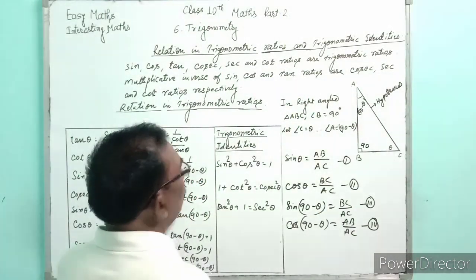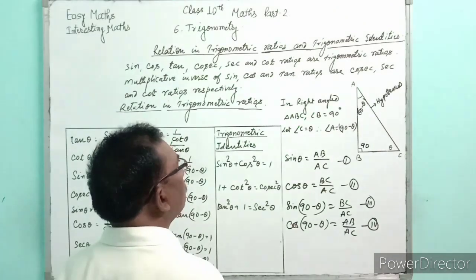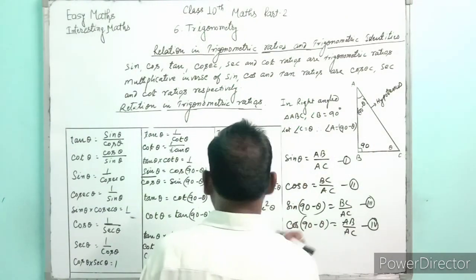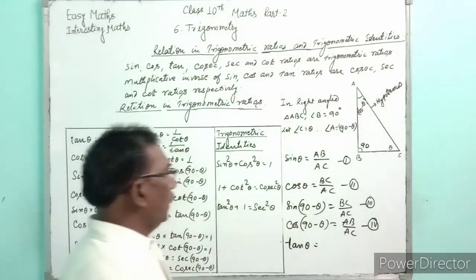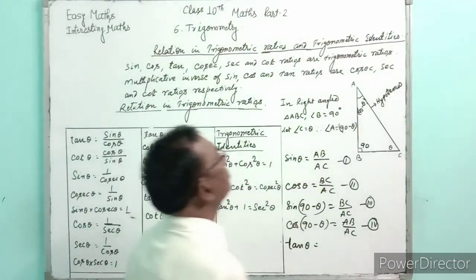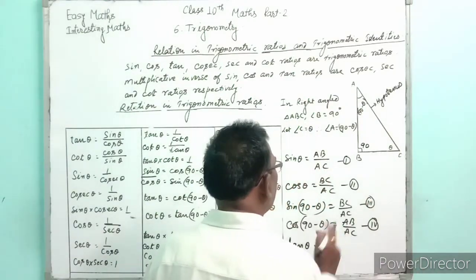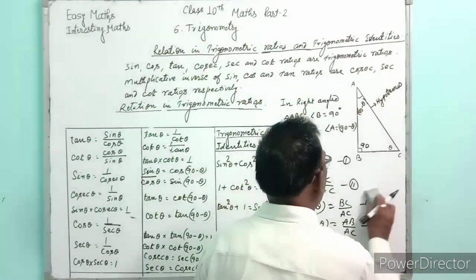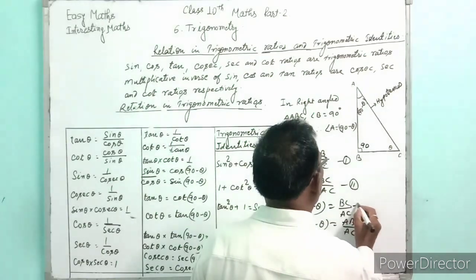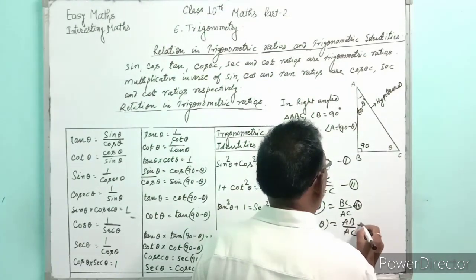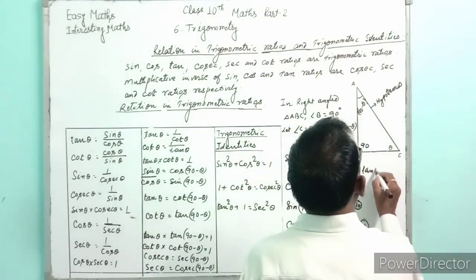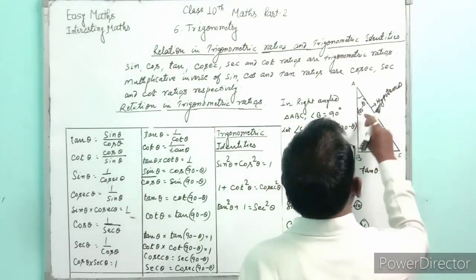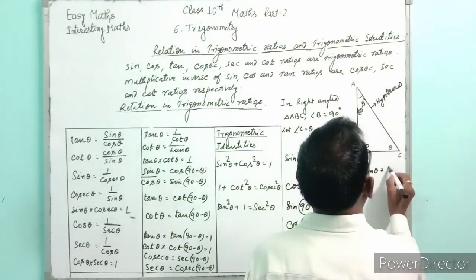Now tan theta is equal to cot 90 minus theta. I will write here, tan theta is equal to AB by BC.